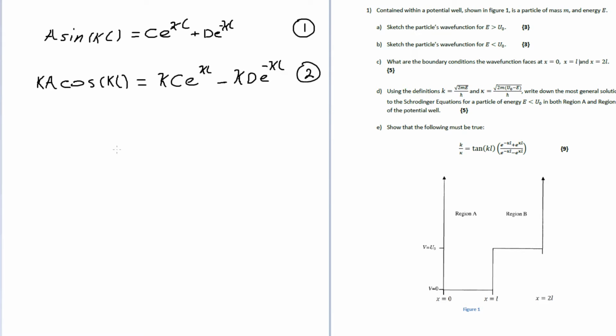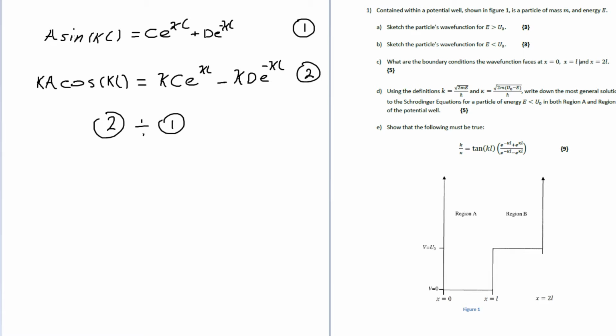It's not immediately obvious which one should be divided by which, but I'm just going to tell you that in this case 2 should be divided by 1. If you did it the other way around, you would get the same answer, but you would require a little bit more manipulation of your algebra along the way. So let's go ahead and write this down. We've got 2 divided by 1, and I'm going to rush through this, but hopefully you can see that our a's cancel here, and we get to a tan from sine over cos.